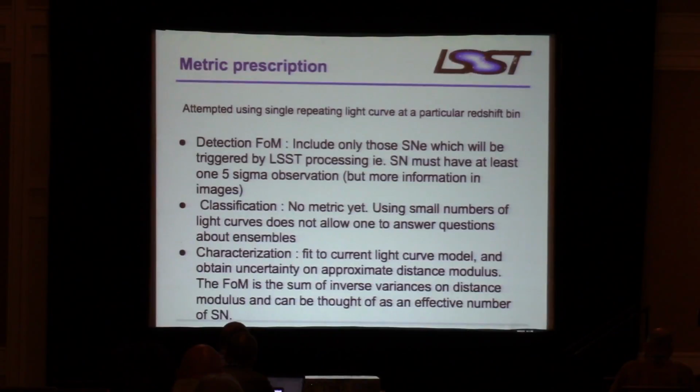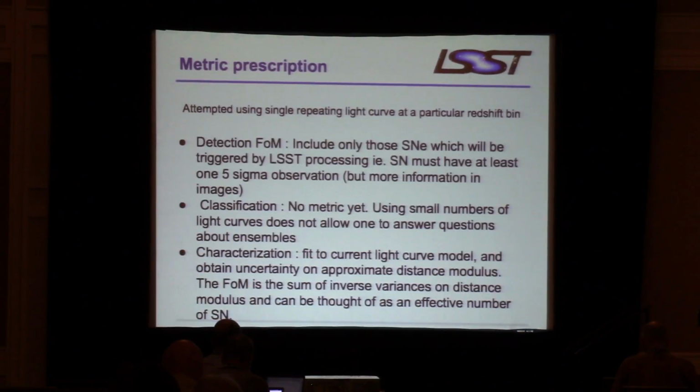So the metric prescription that we tried to follow was we took a single, very standard supernova light curve, and repeated it over time, and tried out a detection FOM where we basically look at whether it has at least one 5 sigma observation.